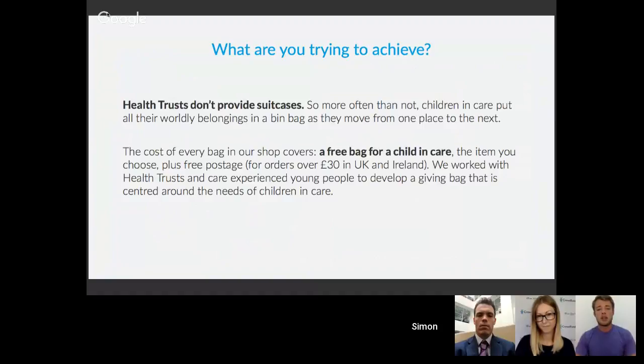And often, as horrific as it is, they're using bin bags to transport those things. And what they're proposing is that Madlug can provide a bag, which at £30, will enable them to send a bag to you, so you can register your support for what they're doing, and they can donate a bag to a child without one.